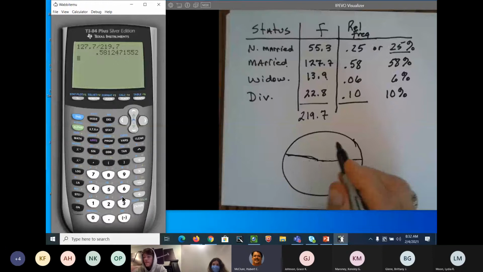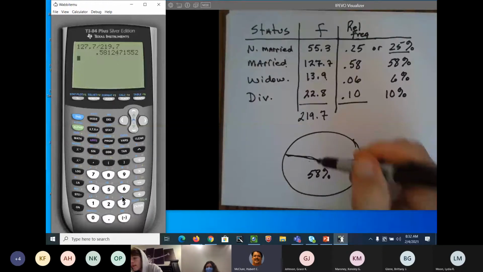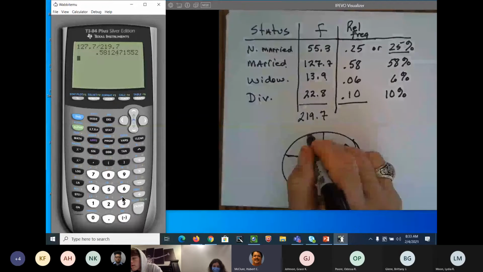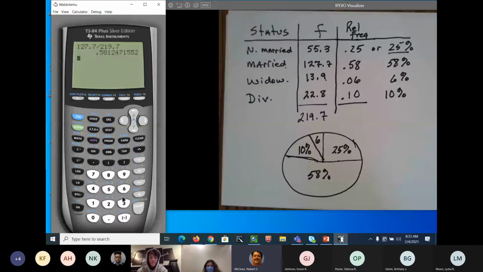And then this is 25% right here. So I'm just going to draw a line right there, and that's 25%. And then 6% would be here, and 10% would be here. And that's what your pie chart would look like in some form, some way.